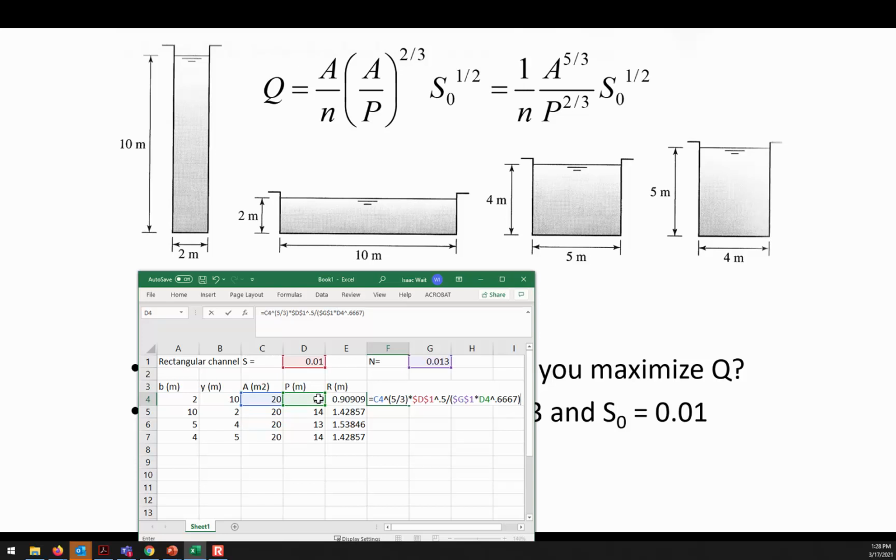Okay, so I think that's going to give me the flow rate, yeah. And the highest flow rate corresponds to the one with the least wetted perimeter. So highest flow rate from minimizing wetted perimeter.